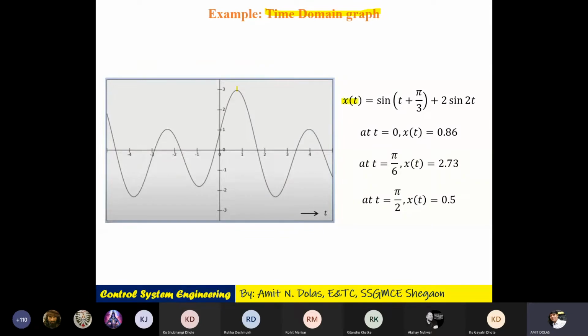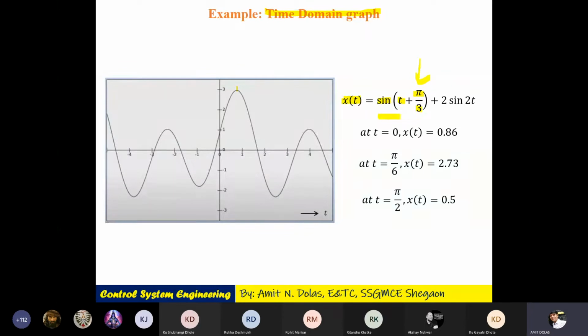This signal is x of t in the time domain, where x of t is sine of t plus pi by 3. If you see the sinusoidal equation, it is sine of omega t plus theta. So pi by 3 shows the phase shift.